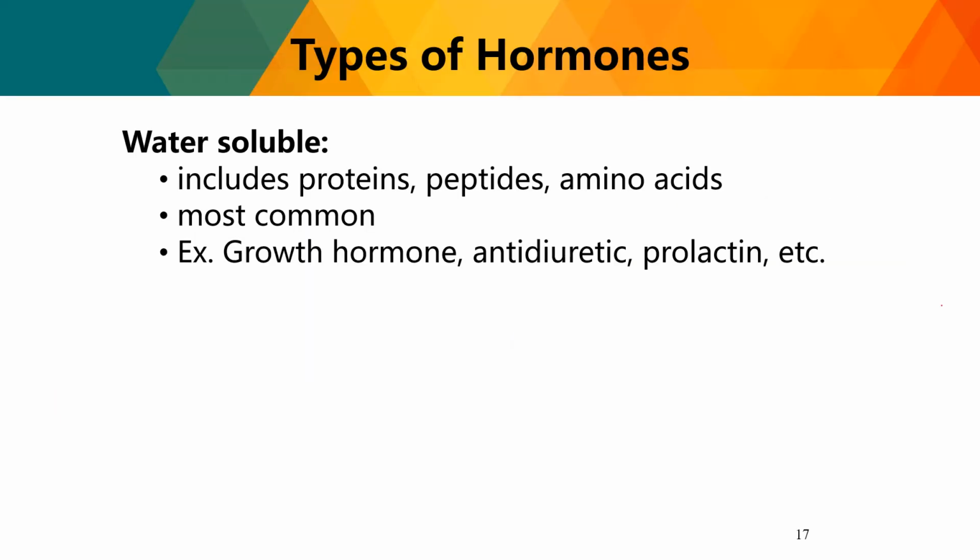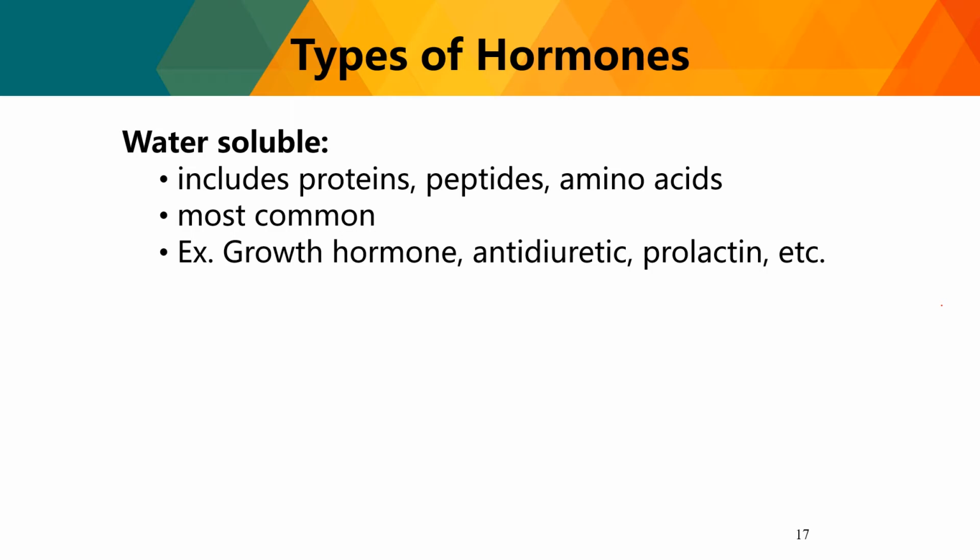So for the types of hormones, first we have your water-soluble type of hormones. It includes proteins, peptides, amino acids, and these are actually the most common types of hormones. Examples would be your growth hormone, your antidiuretic hormone, and prolactin.